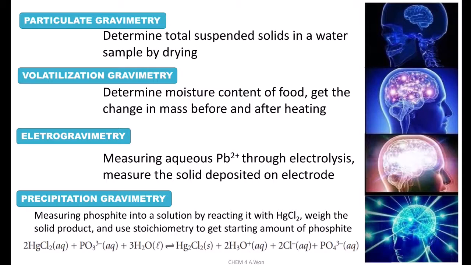We won't be focusing on all the types. The first two types are a bit simple to understand. The third one is more complex and we will not be discussing that. For the next slides, we will just focus our attention on precipitation gravimetry.